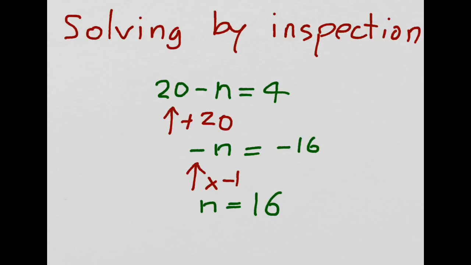On the way down, that would be minus 20, and 4 take away 20 is -16. Then you would have to divide -16 by -1 to get the correct answer of n equals 16. But that's a lot harder than just looking and figuring it out.